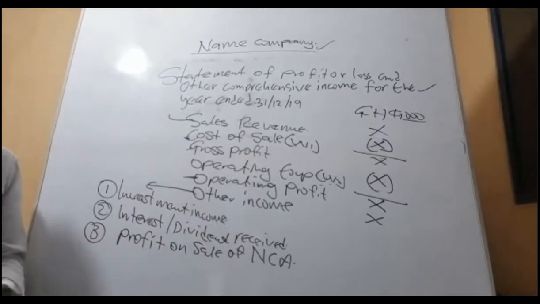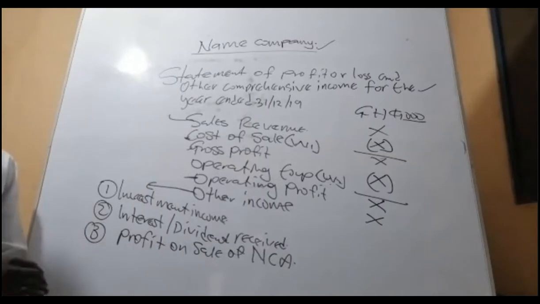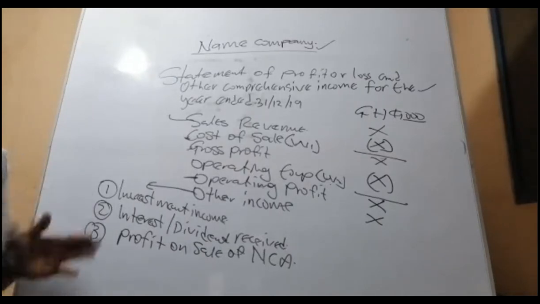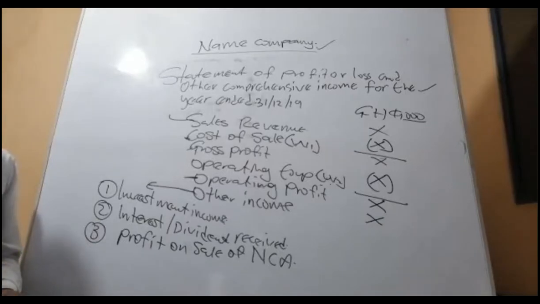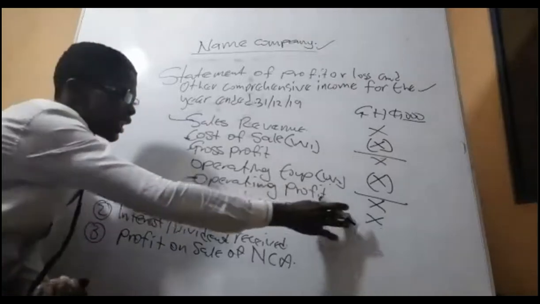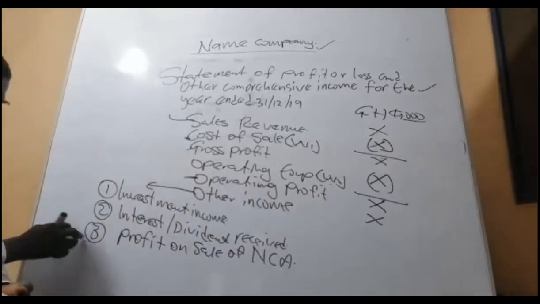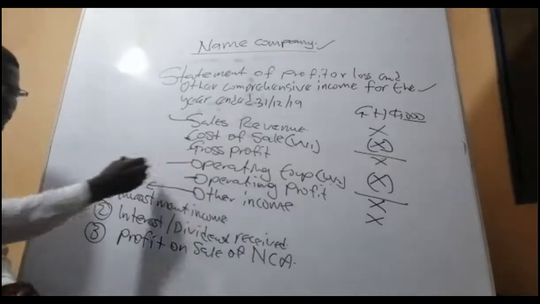Anytime you sell off or dispose of your PPE, that is the property, plant and equipment, the non-current assets, for example land and building, plant and machinery, motor vehicle. Anytime you dispose of any of them and there's a profit, where does that profit go? It goes to other income. What if it is a loss? If it's a loss, it goes to operating expenses.